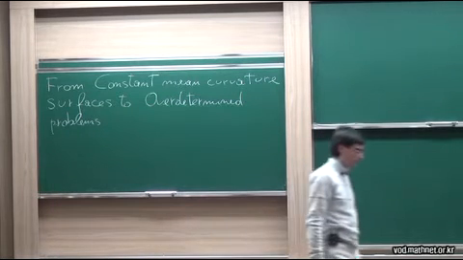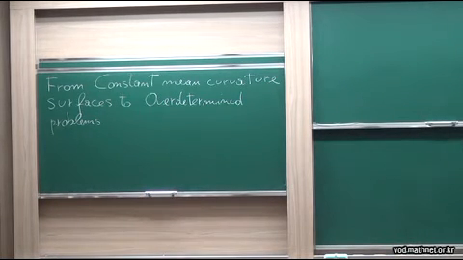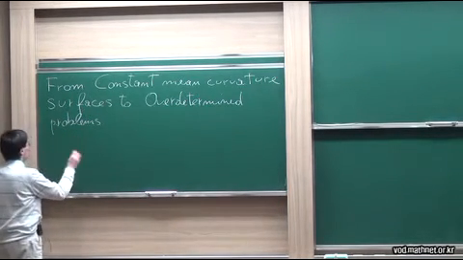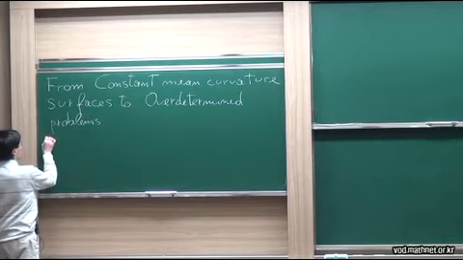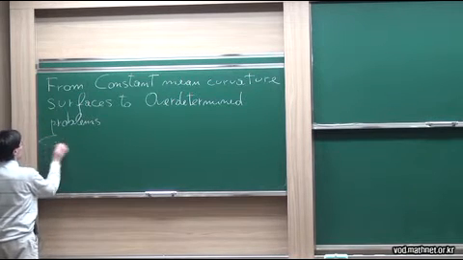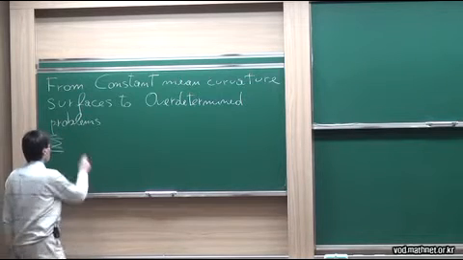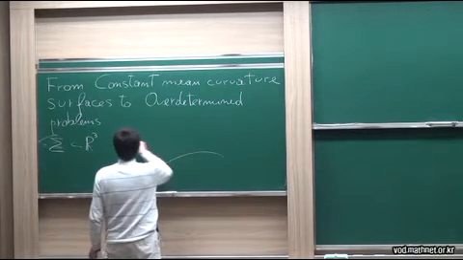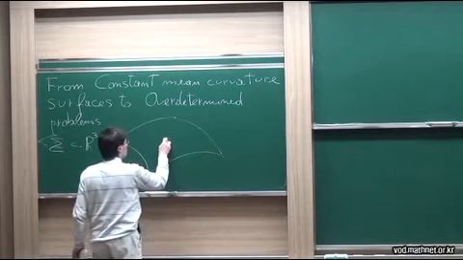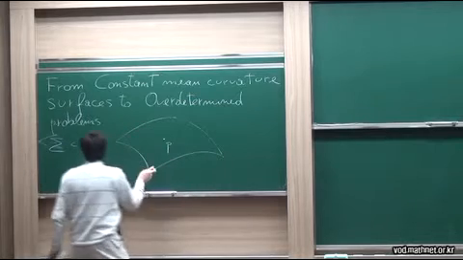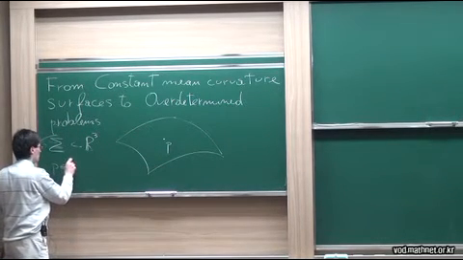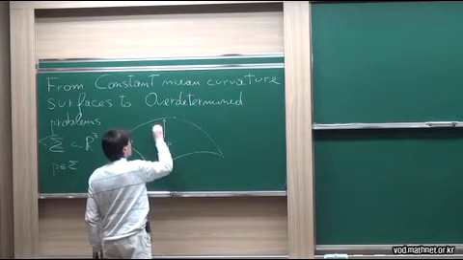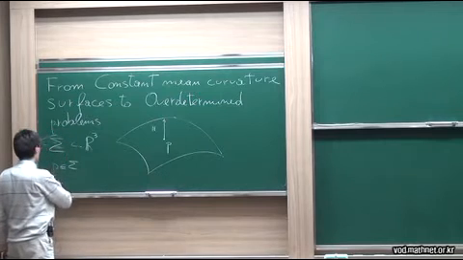Since it's not certain that all of you know what mean curvature is, I will start with the definition. Suppose we have a surface sigma in R3, for example like this, and P is a point on sigma, and n is the unit normal vector.